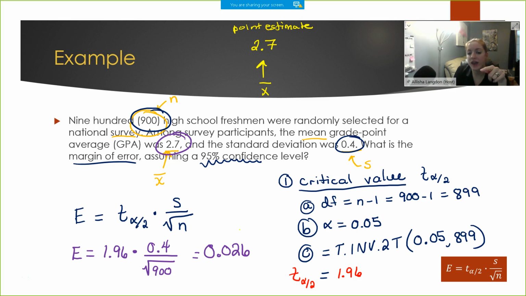And what our margin of error of 0.026 does, it says I need to either add 0.026 or I need to subtract that to get my range of possible values. And that's what we're going to do in the next step. So the margin of error tells you how much you should add or subtract to that point estimate, that sample mean that you calculated. And then that will allow you to apply it to the entire population mean.